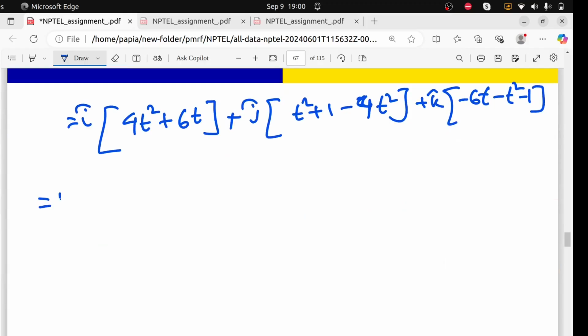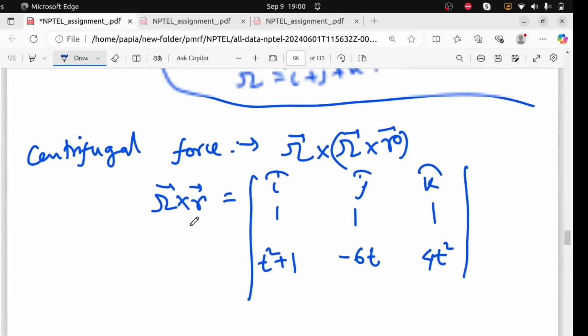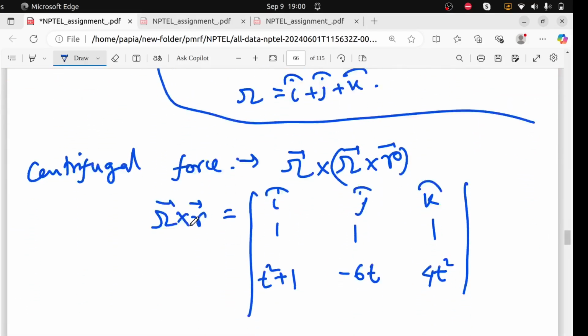So I can write here 4t square plus 6t j cap, minus 3t square plus 1, minus t square minus 6t minus 1. Okay. Now this whole will be omega cross this.